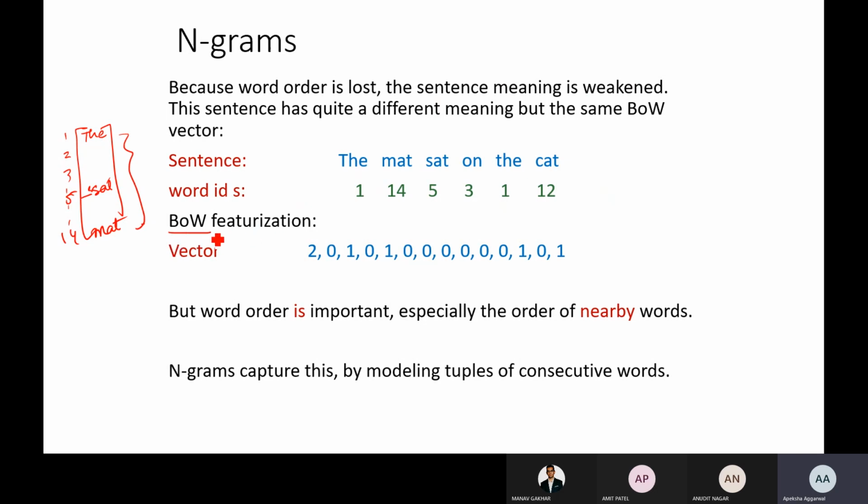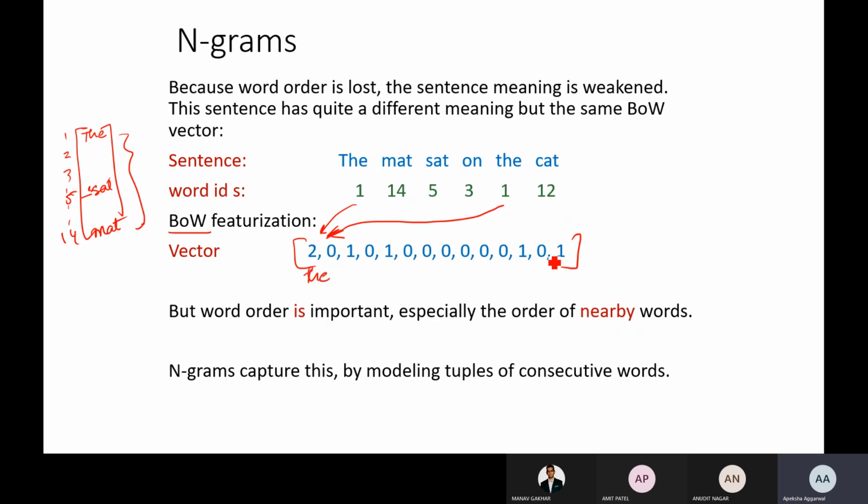If I do bag of words, the vector would be of vocabulary size, which was 14. Basically these words are represented in the form of the vocabulary. If the is present 2 times, this is the frequency count of the.